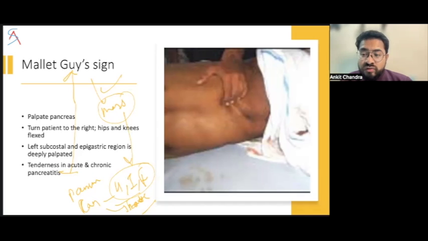It won't fall forward in the hyperextended position or in the knee-elbow position. On percussion, it will be resonant, because when you percuss over the pancreas, there are stomach or intestine which are hollow in nature. If this mass is due to the stomach, it won't be resonant because there's a growth in the stomach. If there's a stomach carcinoma, that will be dull.